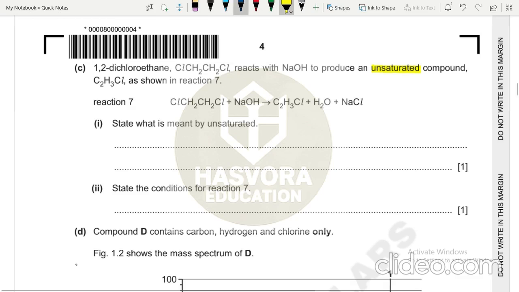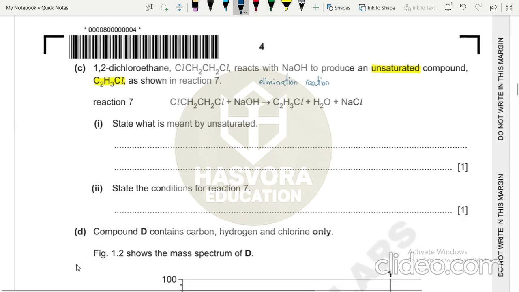So what can you recall from this? That it can be an ethanolic NaOH, and we have studied this in the elimination reaction. So it is forming this unsaturated compound which is C2H3Cl as shown in reaction 7.